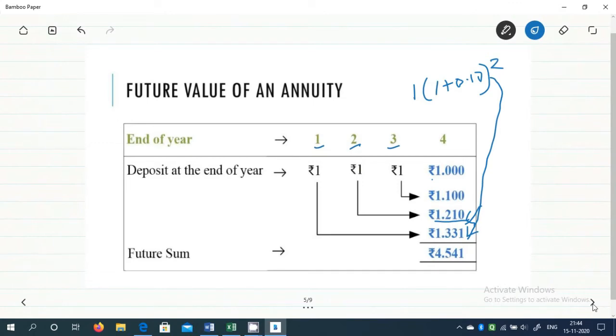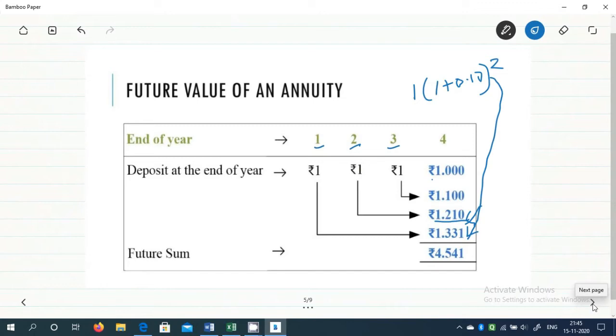In the first year it is 1, second year 1.10, the third year value is 1.21. On the initial amount he invested in the first year, interest accumulates for this year, this year and this year, so it becomes 1.331. If you add up all of these, it becomes 4.541. Okay, so this is an annuity.